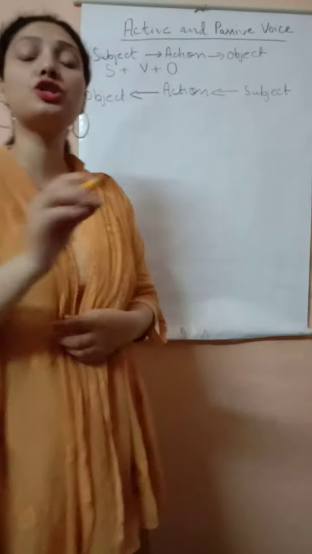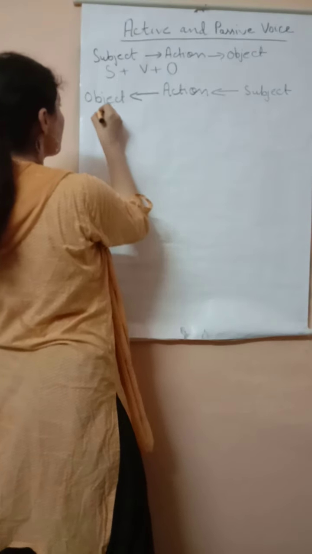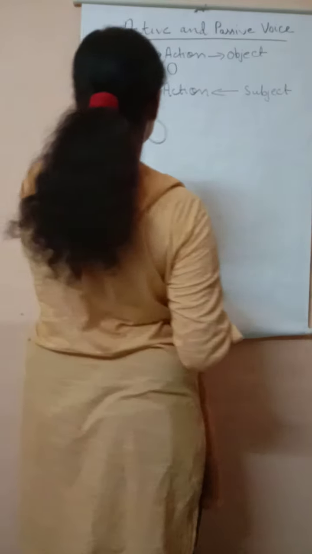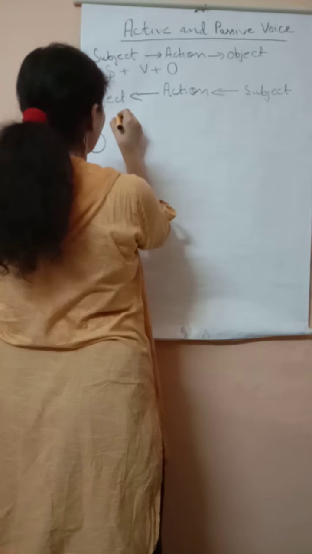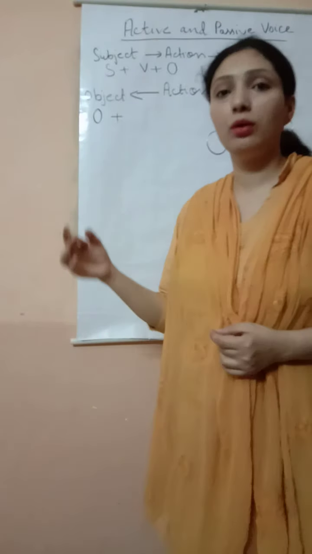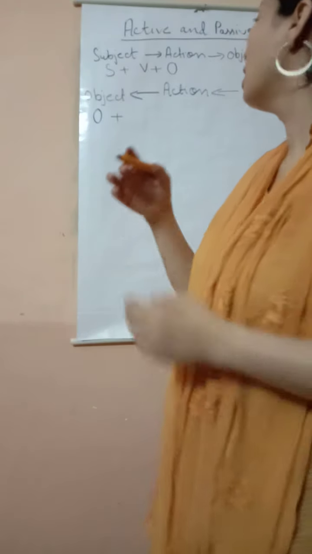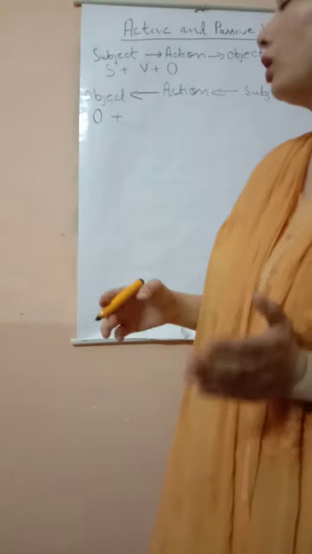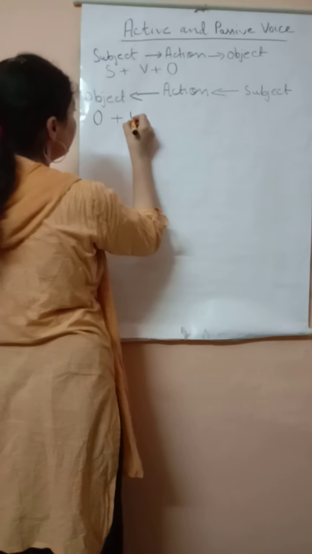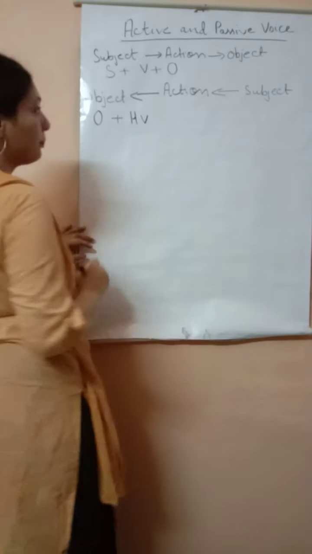Then our structure of the sentence would be: object. Then what do we add? Helping verb like is, am, are, is being, am being, are being. You all know the helping verb. So object, then the helping verb, I write HV for helping verb.